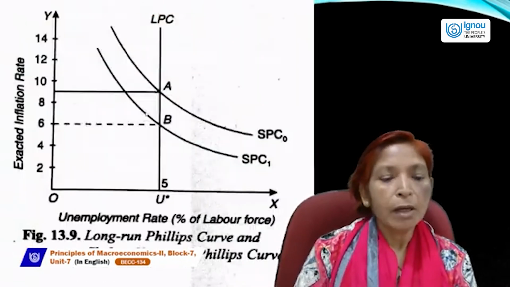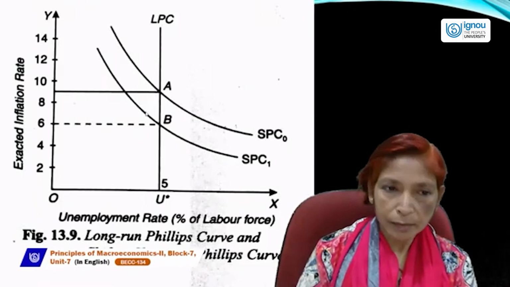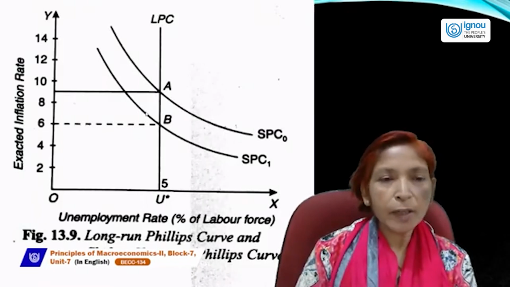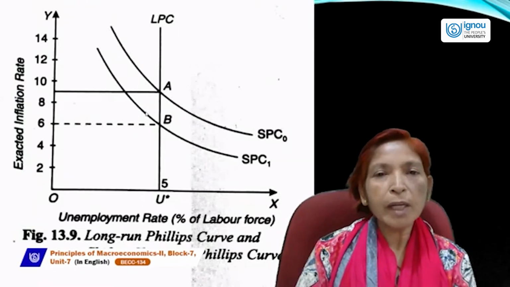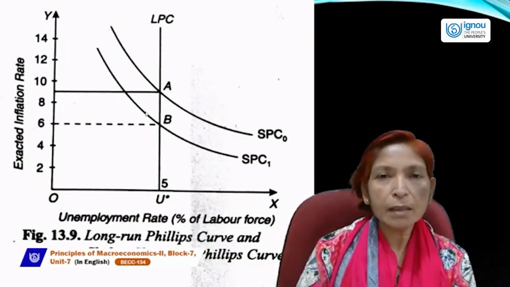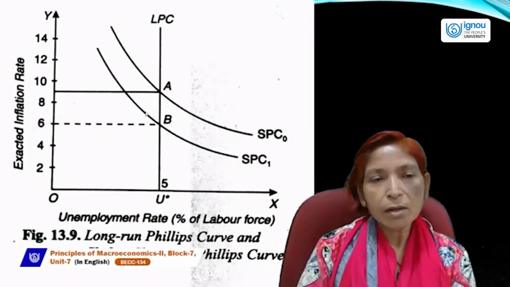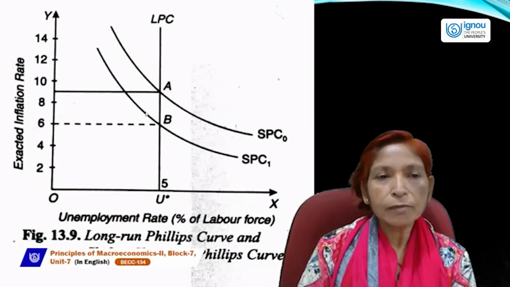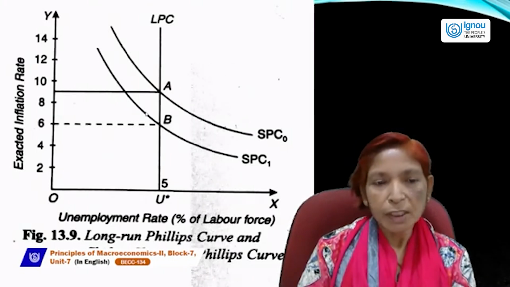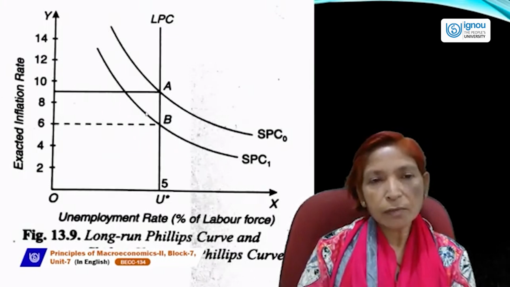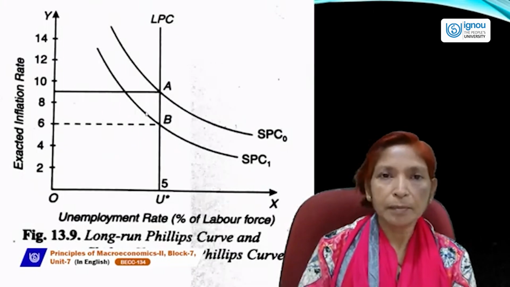Next is the long run Phillips curve. The long run Phillips curve will always be vertical or parallel to the y-axis. LPC is called the long run Phillips curve. Why is this long run Phillips curve always vertical?